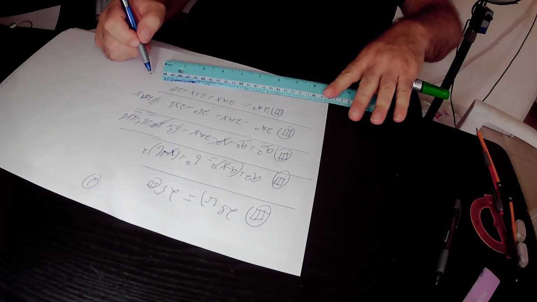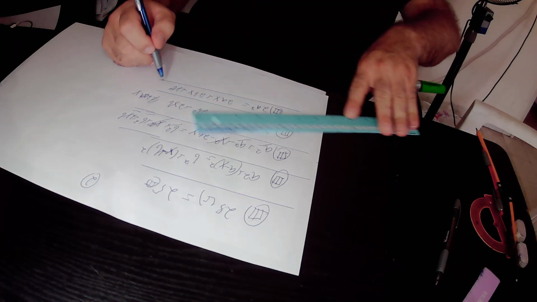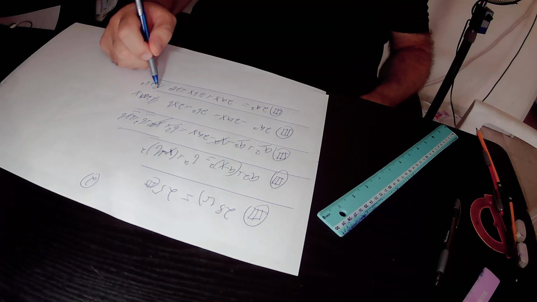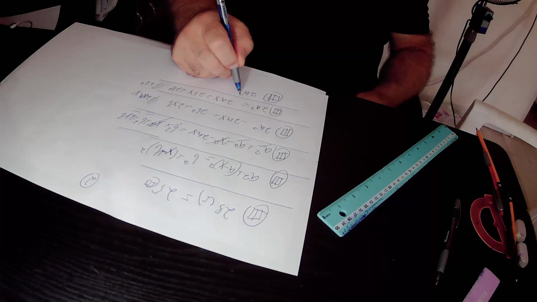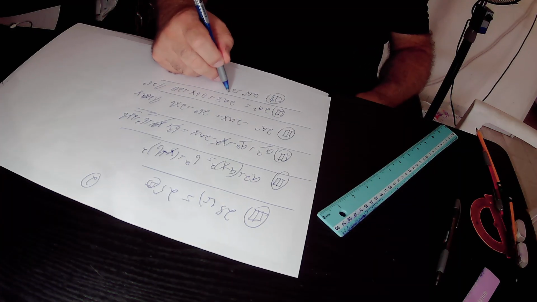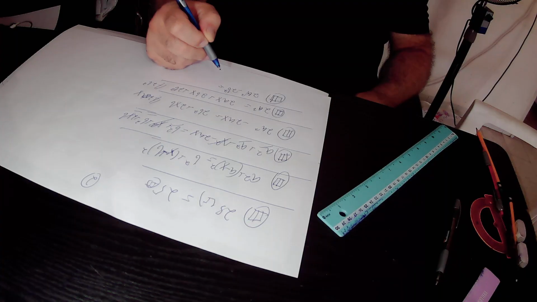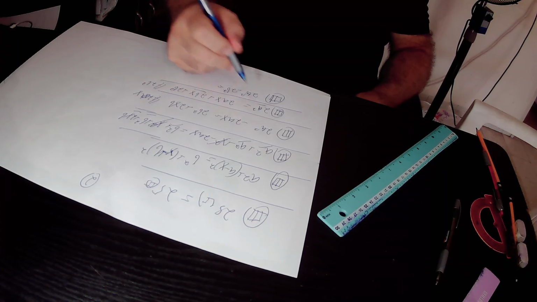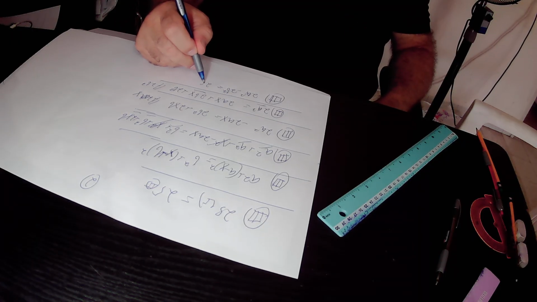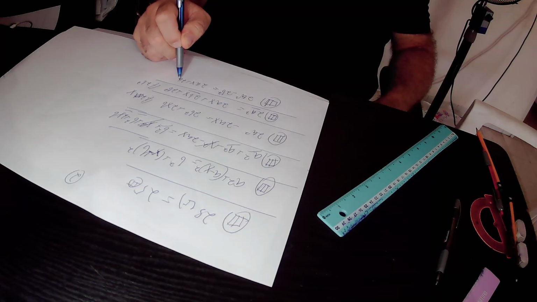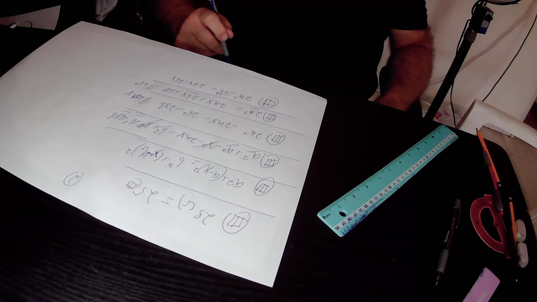Here we subtract 2B squared from equation 3, and we get that, according to equation 3, 2A squared minus 2B squared equals 2AX plus 2BX. So we found that, according to equation 3, 2A squared minus 2B squared equals 2AX plus 2BX.